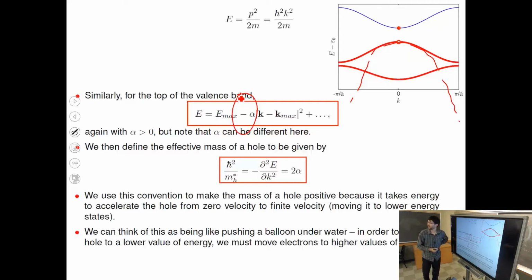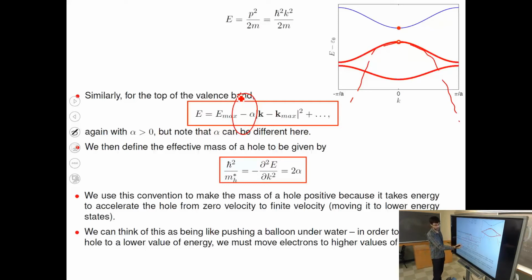Okay, but we are not going to define the effective mass of a hole as being negative. Right? It also looks like this is something, a dispersion relation for a particle with a negative mass. We're not going to do that. We are going to define the effective mass of a hole to be positive.